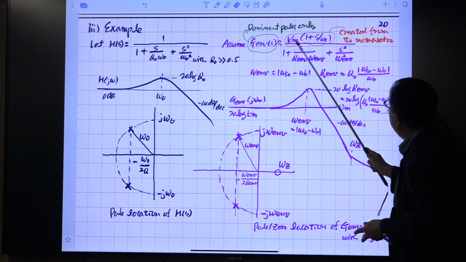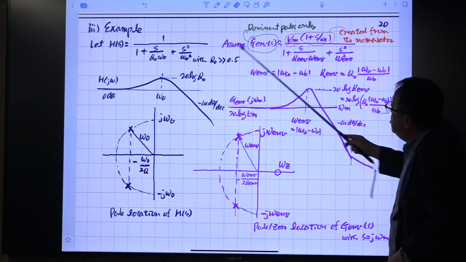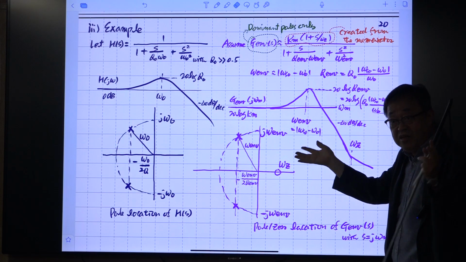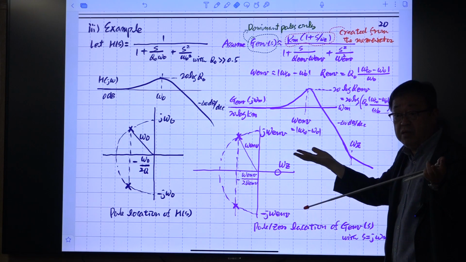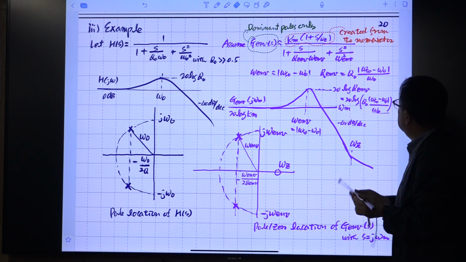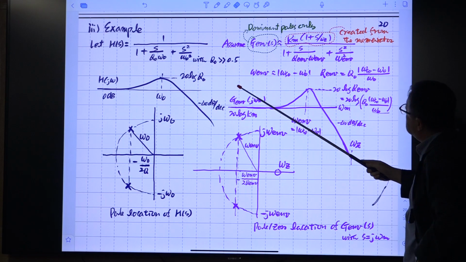So you have Km, or you may have an additional zero from the denominator. Here we don't have a zero at all, but the denominator has this complex term involving four items that will generate one zero. So we know this.